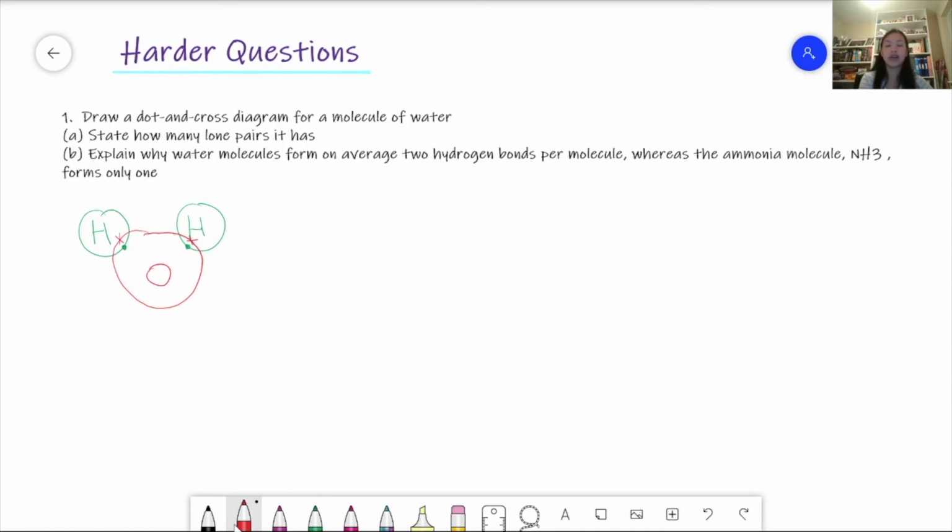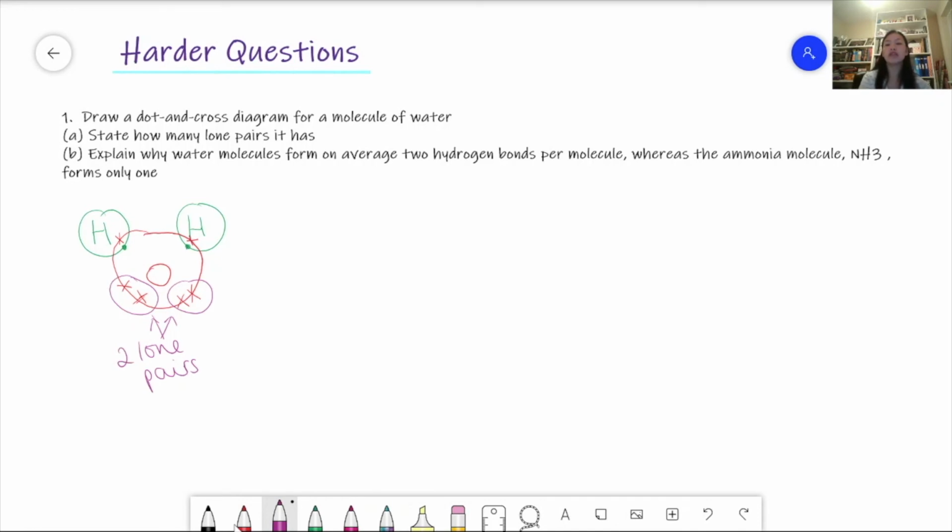So they're 2 covalent bonds. And because oxygen is in group 6, that means it has 4 electrons which are left unbonded. And this is the dot and cross. And so for A, state how many lone pairs it has. That means it has 2 lone pairs. It has this one and this one. So these are lone pairs. And so it has 2 lone pairs.